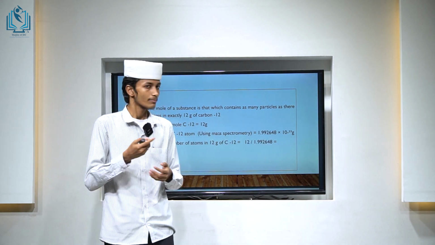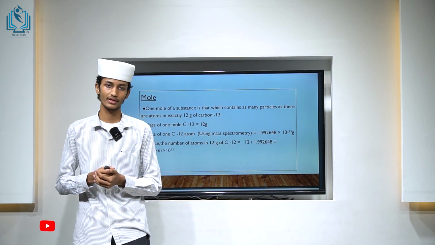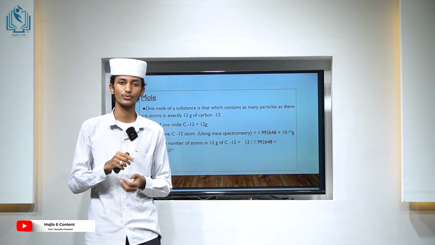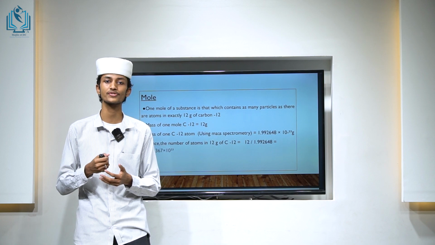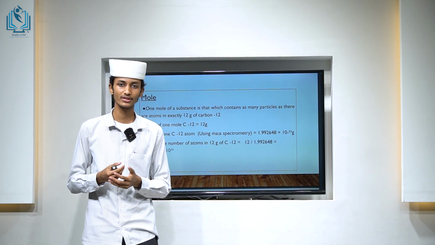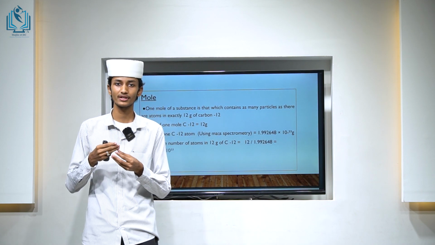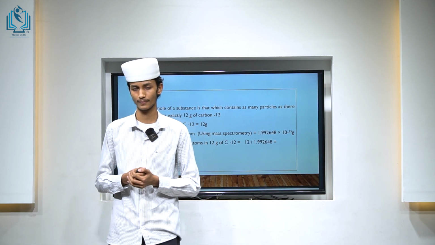The mass of 1 mole of C12 atoms is equal to 12 gram, and the mass of 1 C12 atom is equal to 1.992648 into 10 raised to minus 23 gram. It is measured using an analytical tool, so accurate measurement can be considered, for molecular substances and atomic substances.